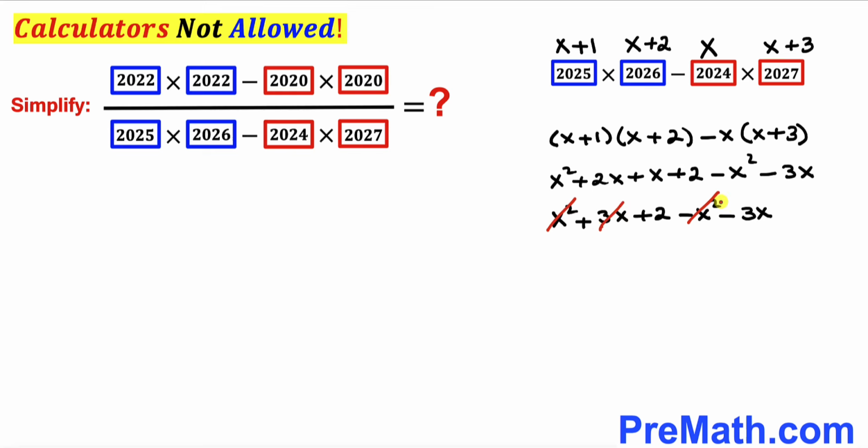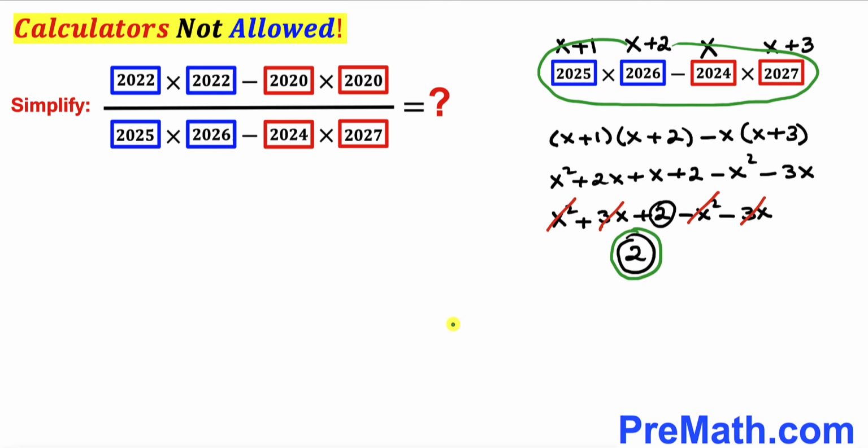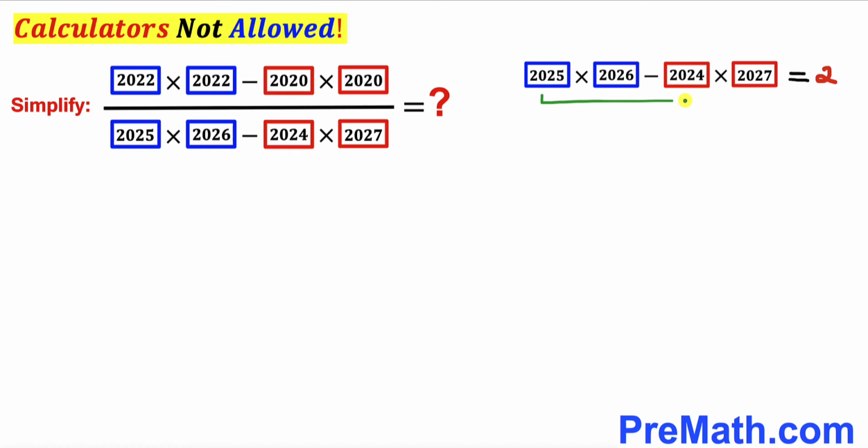Likewise 3x and negative 3x are gone as well. So we just end up with simply 2. So this whole denominator, when we multiply and simplify, turns out to be simply 2. So our denominator part is equal to 2.